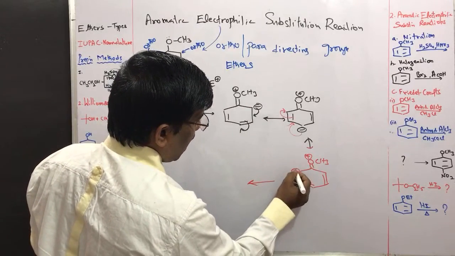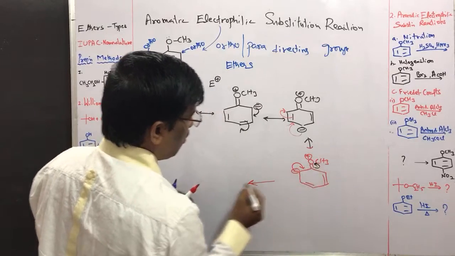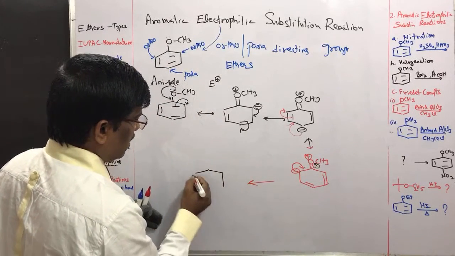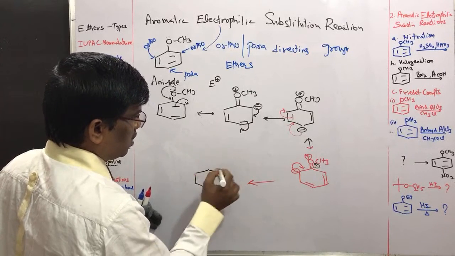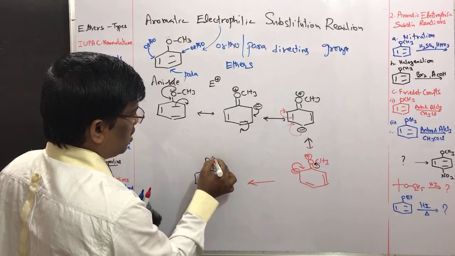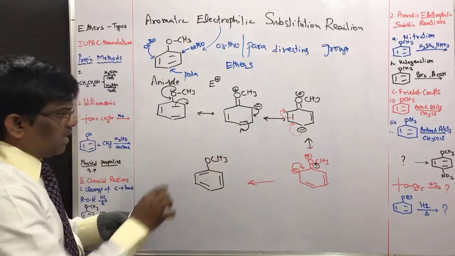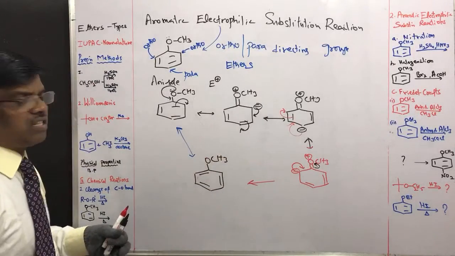Now it will be back to this, where it is going to have the methoxy ether. This is a double bond, and a double bond. So these two are the same, isn't it? So these two are resonance structures.